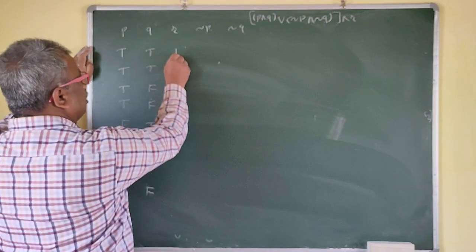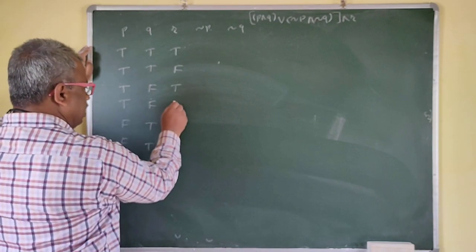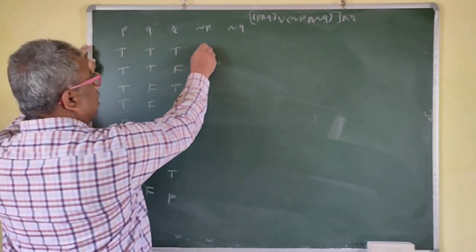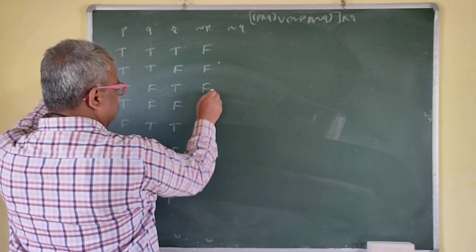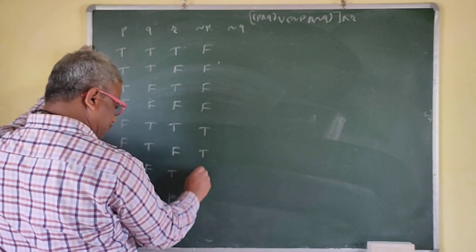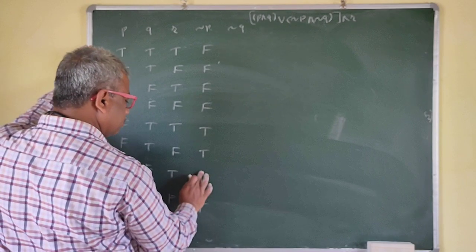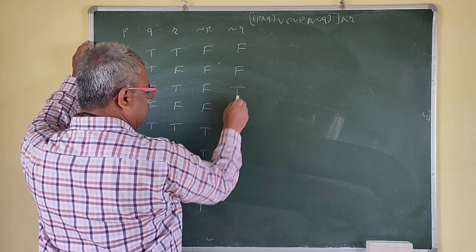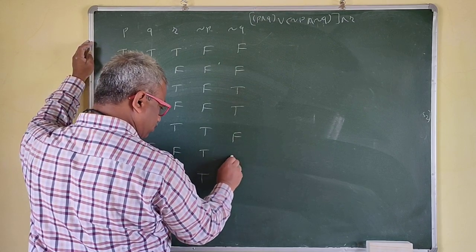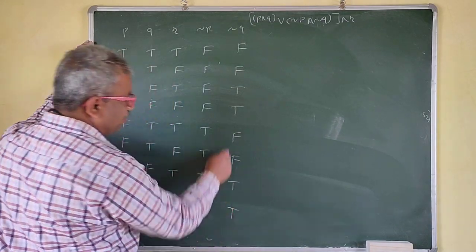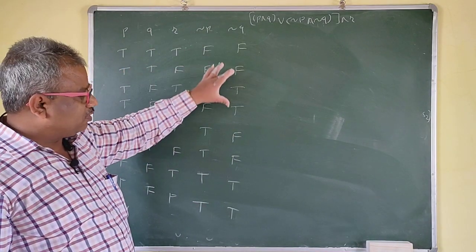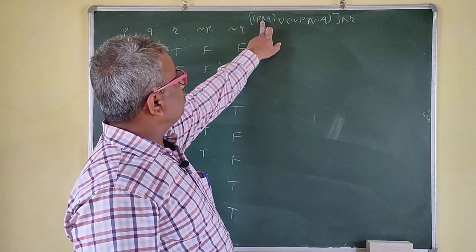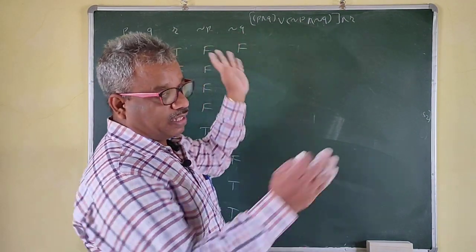Take care, alternate TF, TF, TF, TF. Then negation P, that means 4F, 4T. Now negation Q means 2F, 2T, and again 2F, 2T. Okay, now we'll take one by one. We'll do this one, we'll do this one, and then we'll connect this by this one.